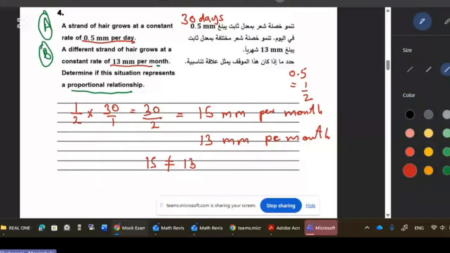Because of that, therefore, it is not proportional. I hope I'm making sense. All right? So it is not proportional. Okay? Because the question was, determine if the situation represents a proportional relationship. Okay? Now let's move on to the next one.